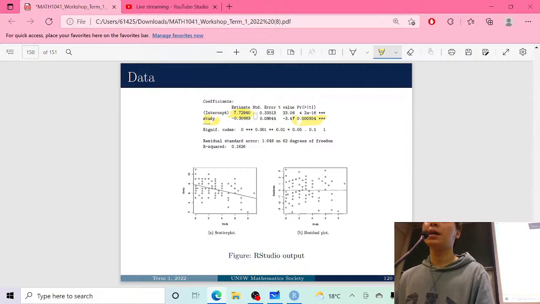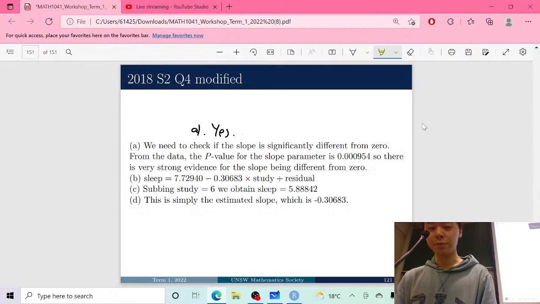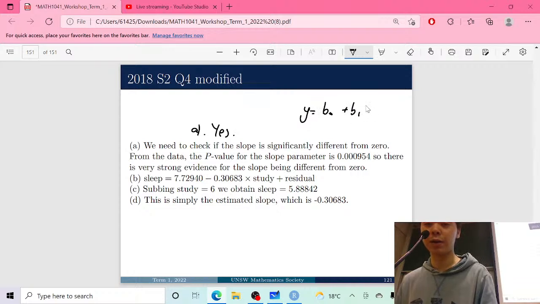What that tells you is that when you plug in study equals 0, the intercept is going to be 7.72940. So if we consider the line y equals B0 plus B1x plus any residual, then B0 here is going to be 7.72940.